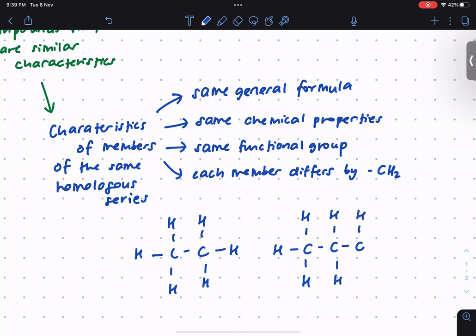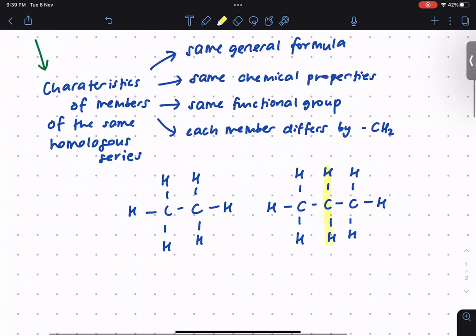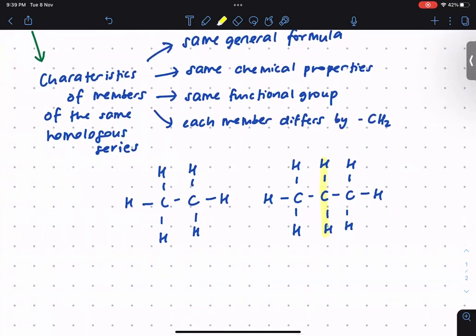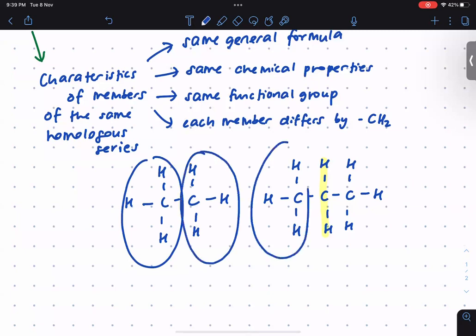The difference between ethane and propane is just an additional CH2. If you have butane, there's another extra CH2. The back and front always remain the same. Every time you increase by one carbon atom, you also add 2 more hydrogens. That's why each member differs from the next by CH2.